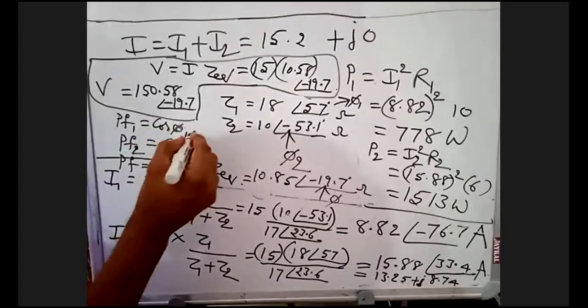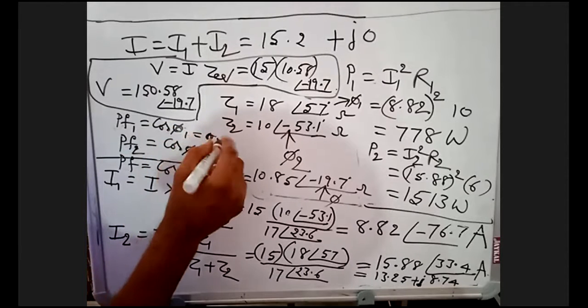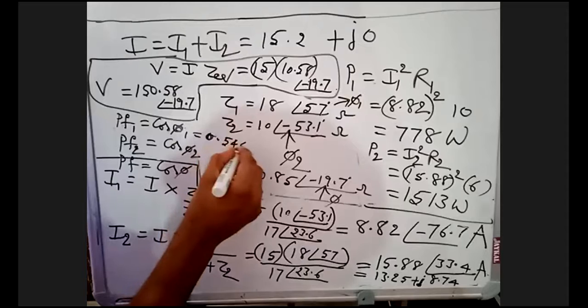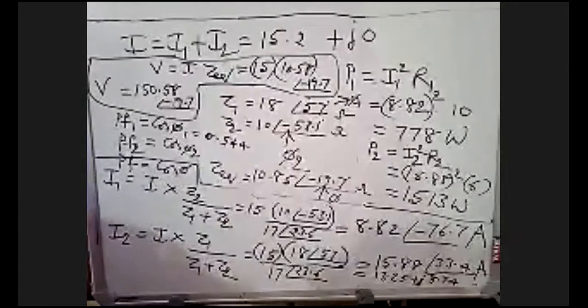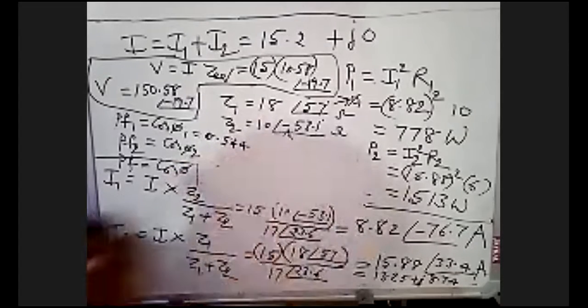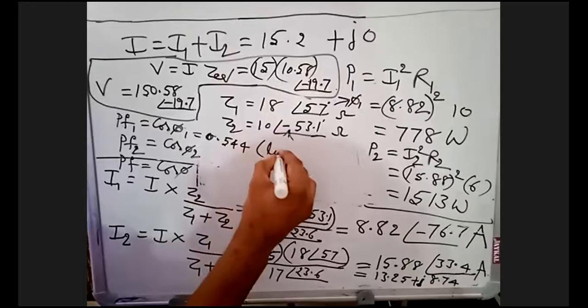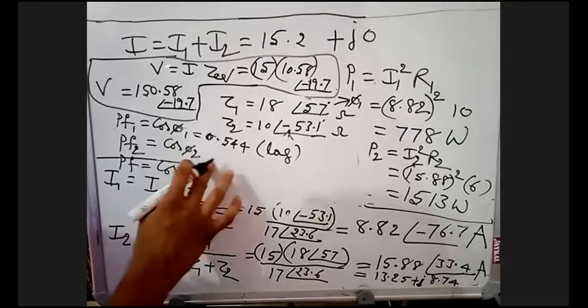Cos 57 is 0.544. Is it leading or lagging? Lagging, because it is an inductive circuit. In inductance, current lags the voltage.